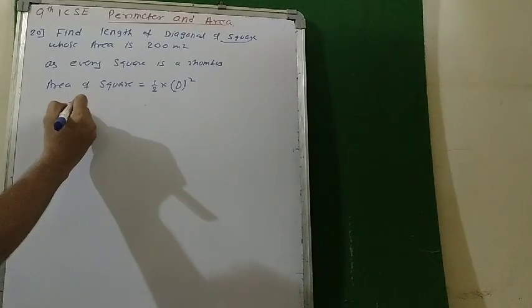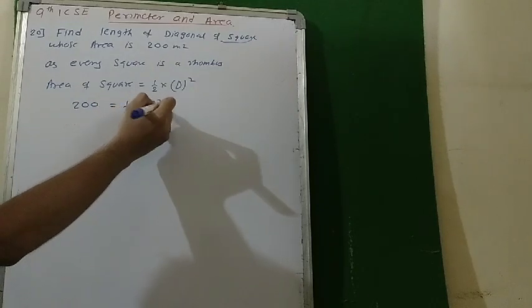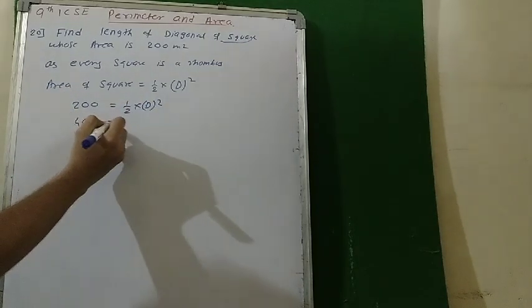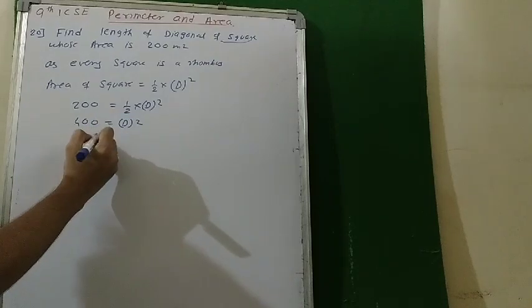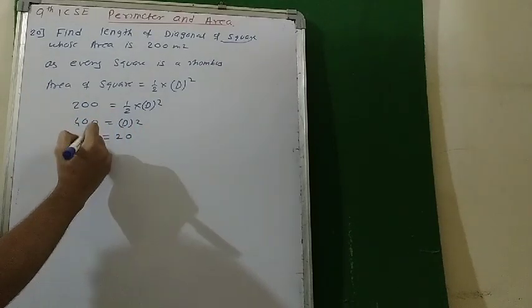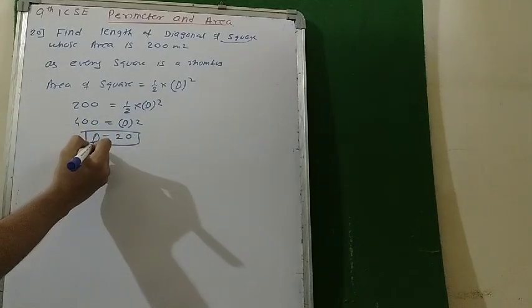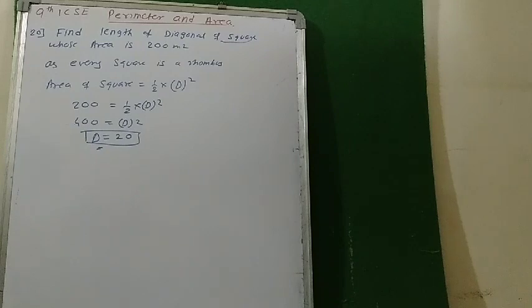So the area of the square is 200, half into diagonal square. 2 will go there, 400 is equal to diagonal square. What is the diagonal? The square root of 400 is 20. So the diagonal is 20. You were asked to find the length of the diagonal, and the diagonal is 20. Okay, that's it.